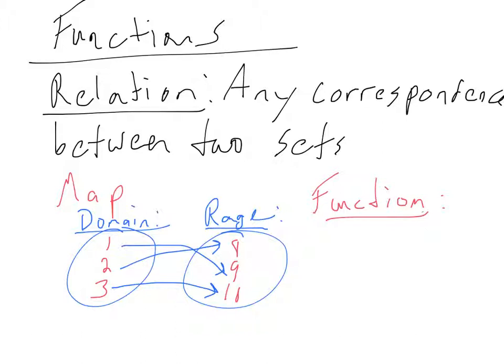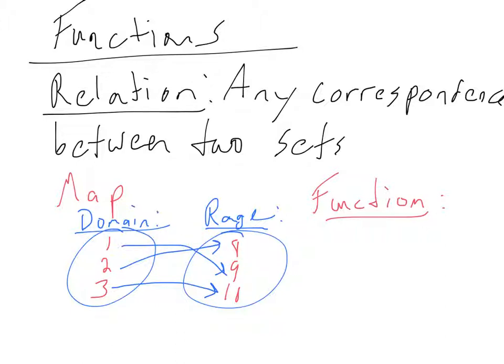So if we looked at this mapping right here, and I asked, what element is 1 paired with? If you said just 9, then so far so good as far as it being a function. But if you were to tell me, well, 1 is paired with 9, but it's also paired with 8, that wouldn't be a function anymore, right?